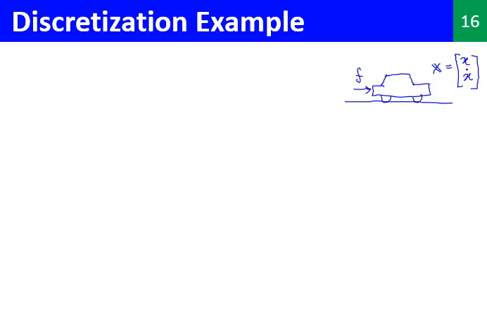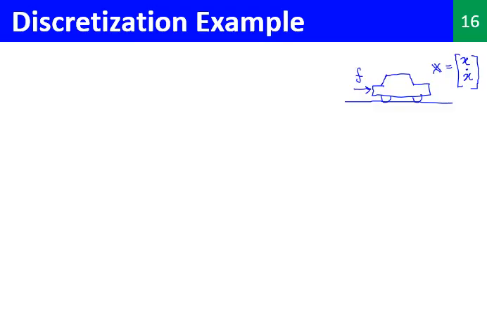Okay, before we move on to the next section, I think it's a good idea to do an example to reinforce what we learned. So here we have a vehicle, and I have taken its state as x and x dot, so the position and velocity in a single dimension. Also I have a force applied to this vehicle, and we have Newton's second law coming in to describe the dynamics.